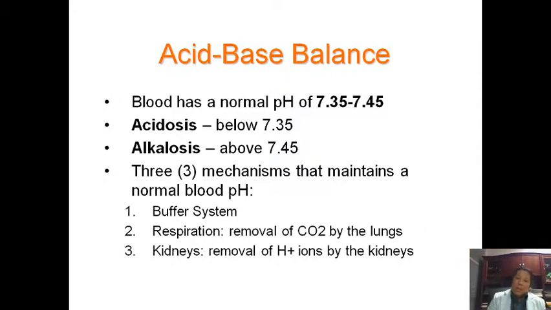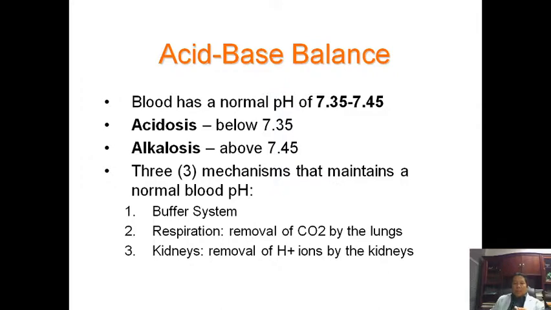So, if the body is exposed to too much acid from the drinks that we usually consume every day and the foods that we eat, then we will be susceptible to developing acidosis. And on the other side of that, alkalosis can happen as well.